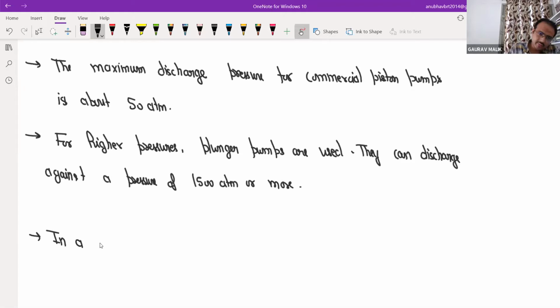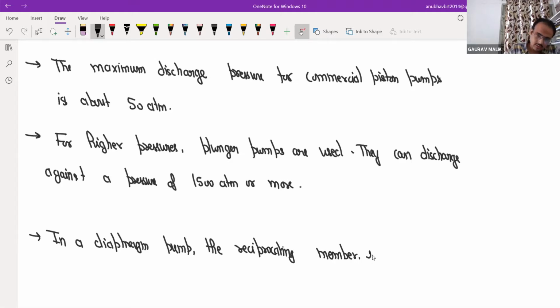Next, in a diaphragm pump, the reciprocating member is a flexible diaphragm of metal, plastic or rubber.